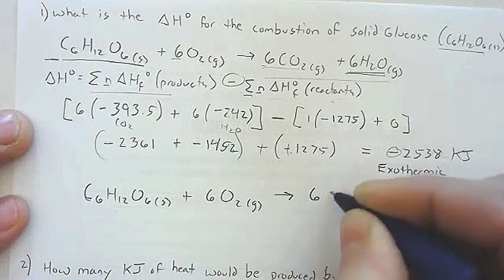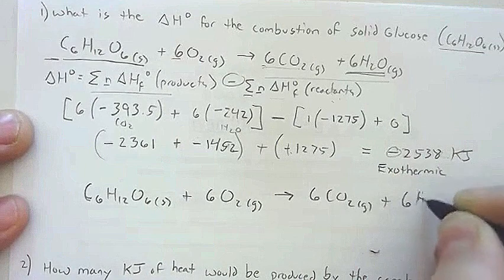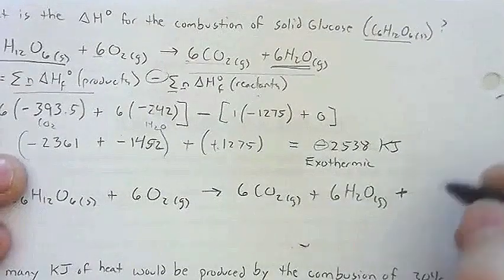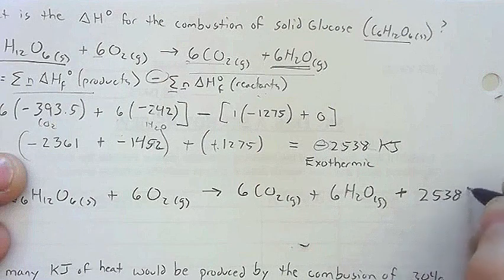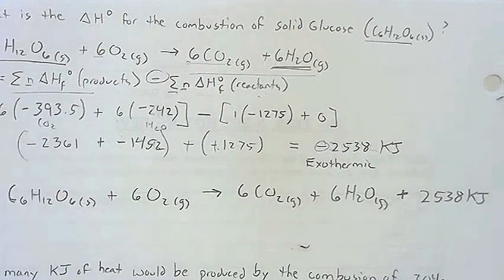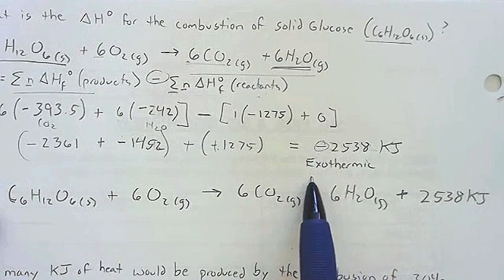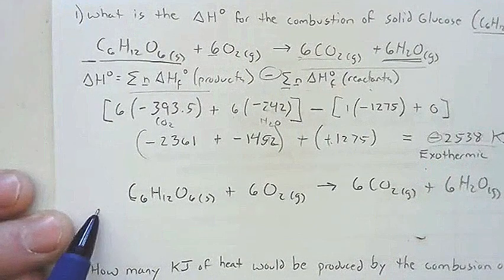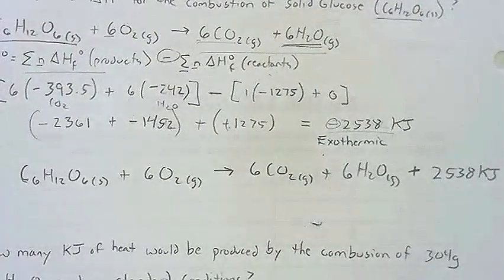So I take the balanced chemical equation, I rewrite it, and then I add on the product side 2,538 kilojoules. Now, if that was a positive, that means it would be an endothermic reaction, which means that that heat would have been added over to the reactant side. But it's not, so it's not.